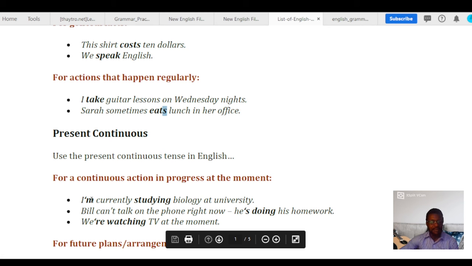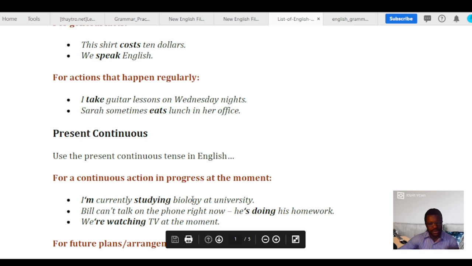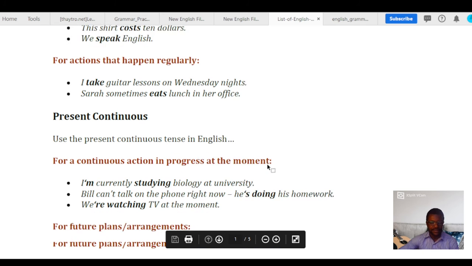See, "I am currently" means as I'm speaking to you, it is going on. Then study is our verb. Then -ing tells us that it's happening right now. It's ongoing. Studying biology at the university.